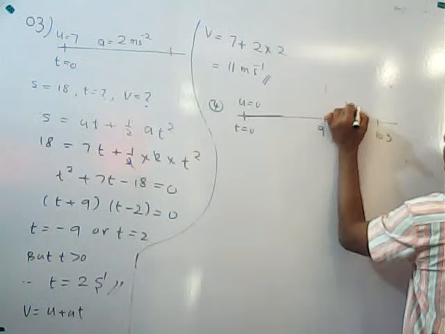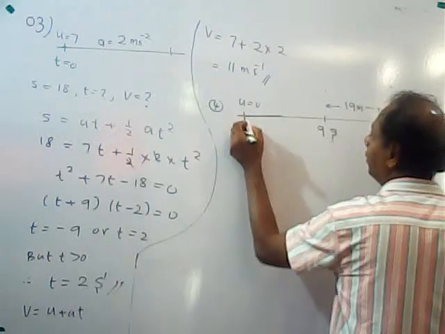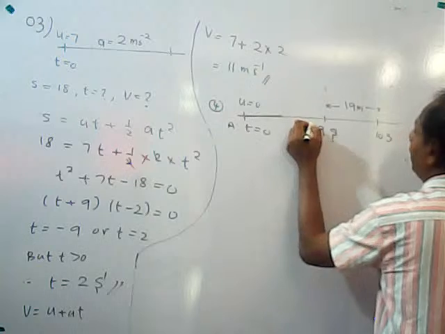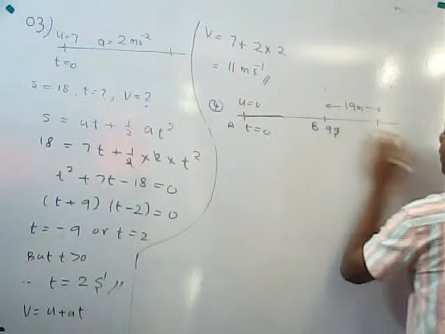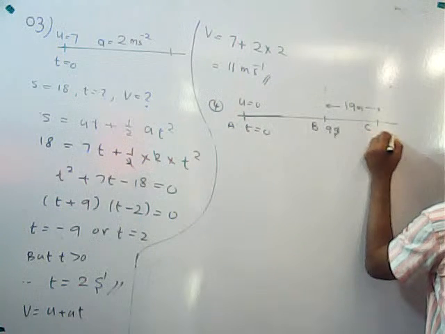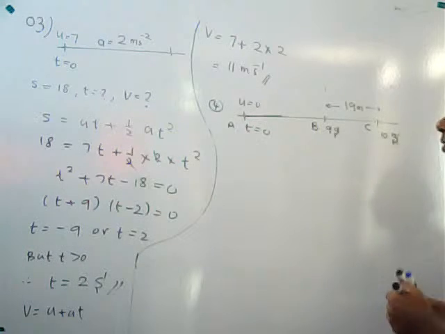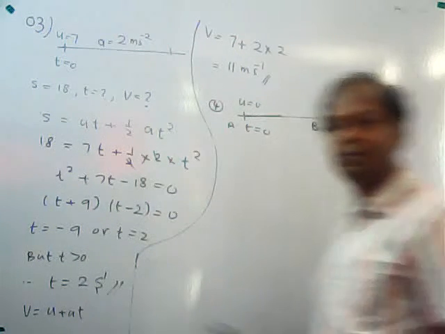Displacement is 19 meters. So it starts from some point A. At 9 seconds, it's at point B. At 10 seconds, it's at a point C. We are given the distance between B and C, right? In the 10th second.